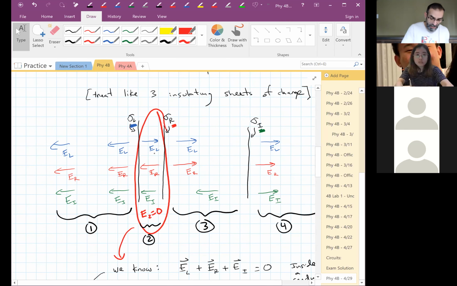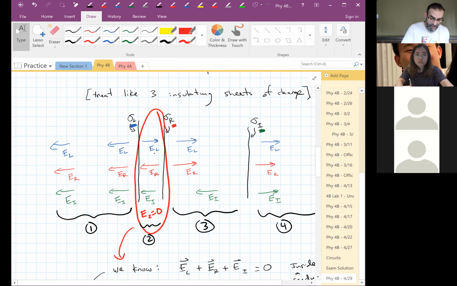And then now I can substitute in from up above. Sigma left is equal to negative 12 minus sigma right. Now I can solve for sigma right.